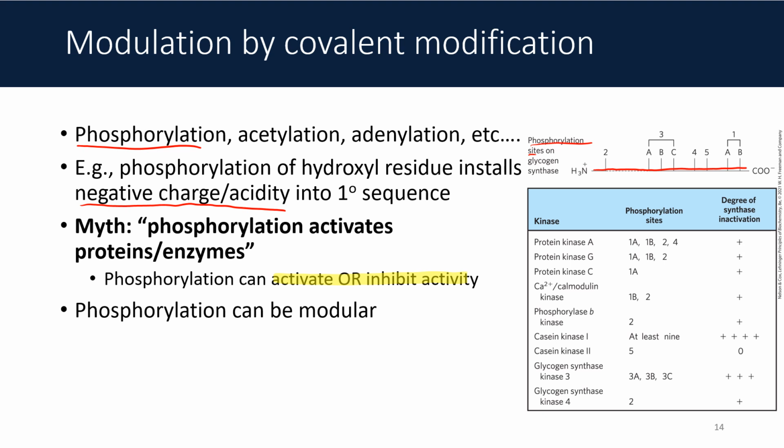And in this table, I don't expect you to have this memorized, but it's just to demonstrate how much modularity there is in covalently modifying this one protein. Protein kinase A is able to phosphorylate the sites 1A, 1B, 2, and 4.